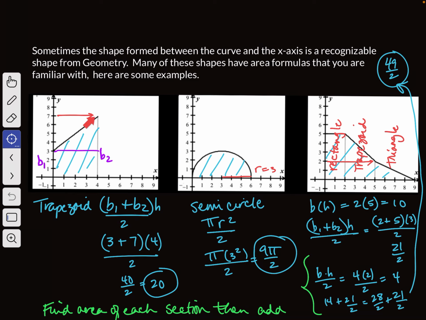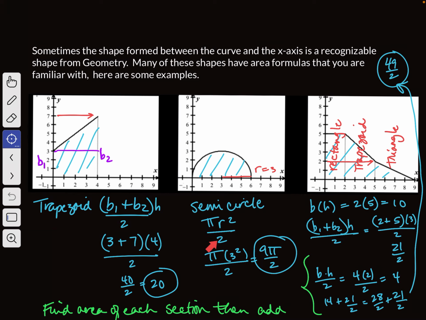So in this example, our base 1 is 3, our base 2 is 7. So 3 plus 7 divided by 2 times the height. And the height is perpendicular to your bases, so we can see that the height is 4. This trapezoid is on its side. When we evaluate this, it's 20 units squared.